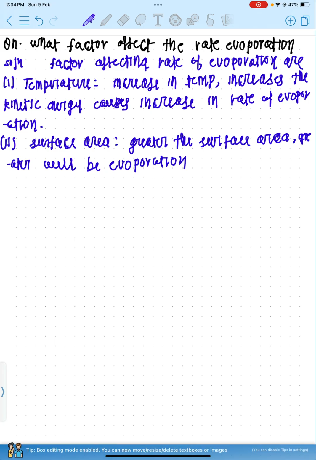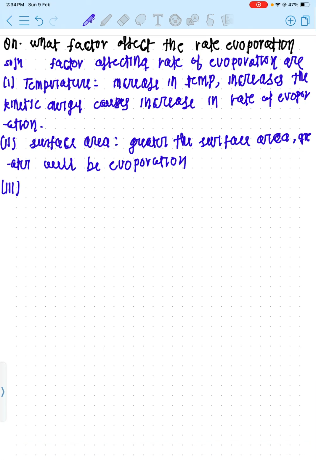humidity. Higher humidity means more water vapor is already present in the air, so this will reduce the rate of evaporation.